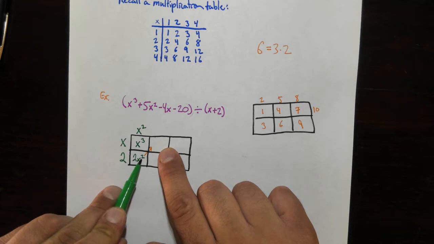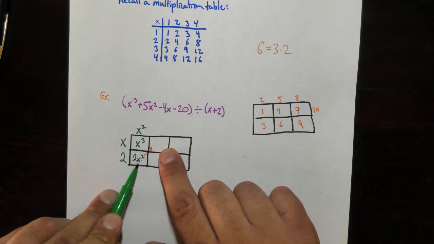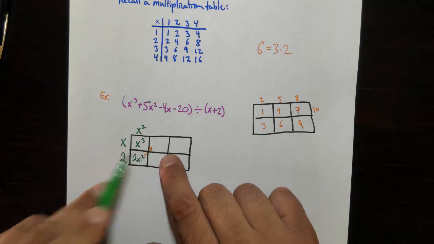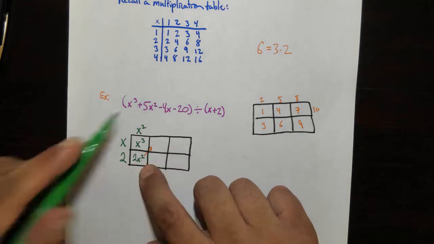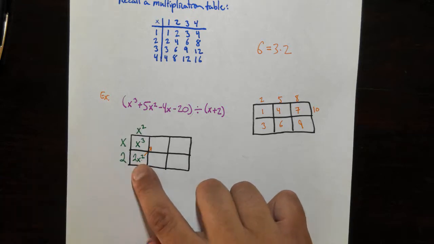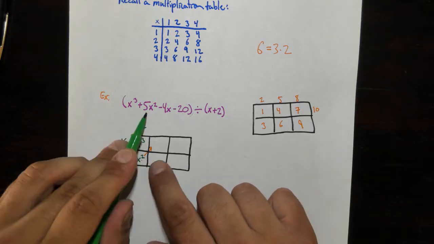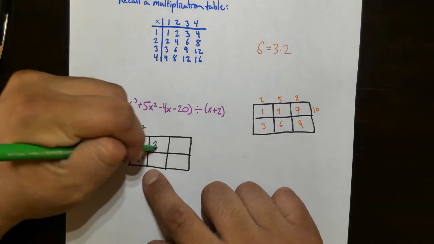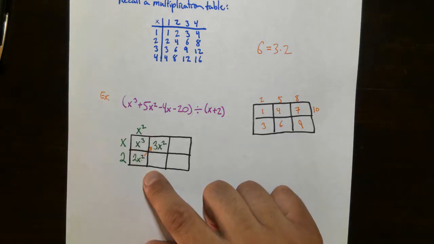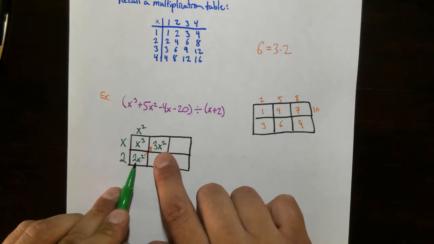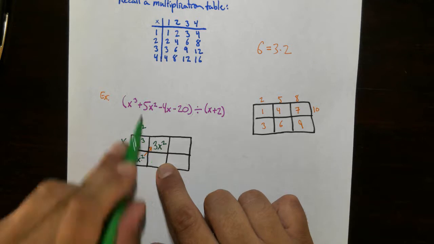So whatever the variable is here, in this case it's x squared, we need to find some x squared value here that when we add those two together, it gives us our x squared term up here. So let's think about this. 2x squared plus what gives me 5x squared? Well, that's going to be 3x squared. And if you ever want to validate it, just think 2x squared plus 3x squared is 5x squared.